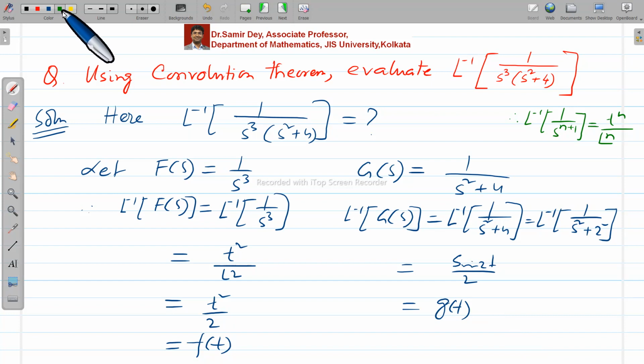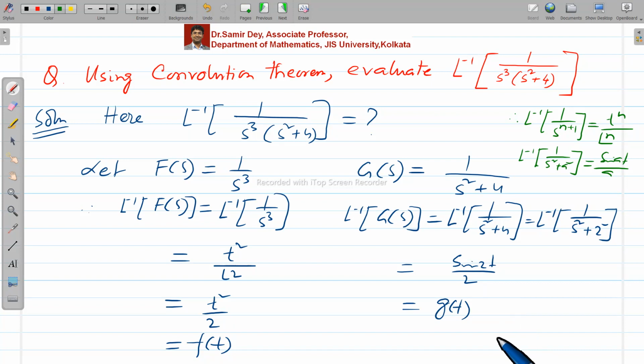The basic formula already you know: L inverse of 1 by s square plus a square equals sine at by a. So already I have implemented that. Ft is coming t square by 2 and Gt is coming sine 2t by 2. Is it clear to all of you?